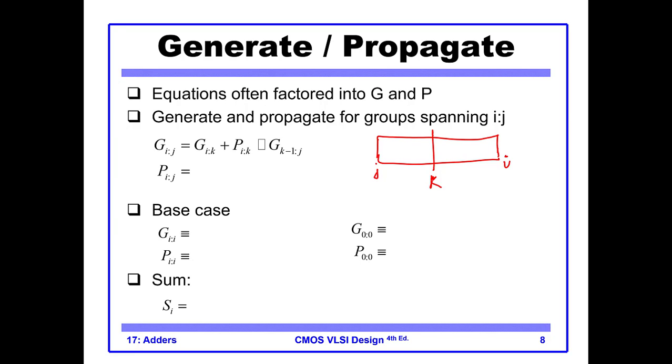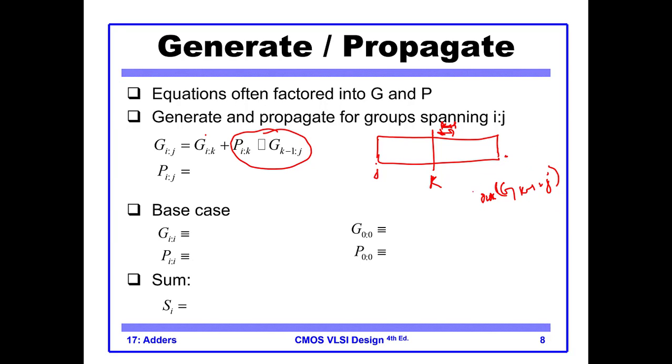This is basically equal to: if we propagate a carry from the lower side, K minus 1, so if G of K minus 1 to J is 1 and propagate is 1, then we have a generate. Or if G of I to K is 1.